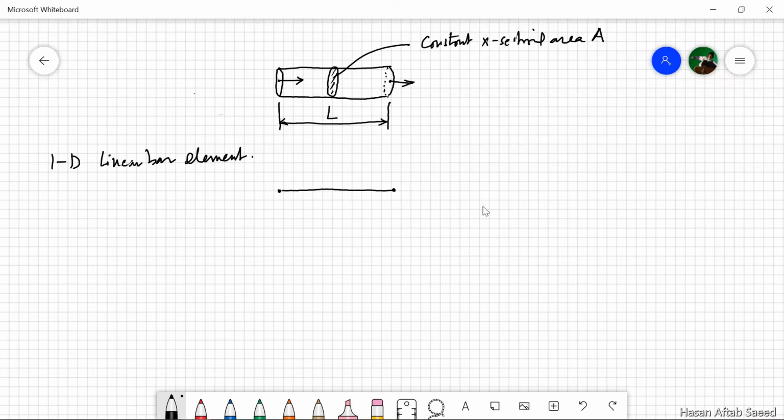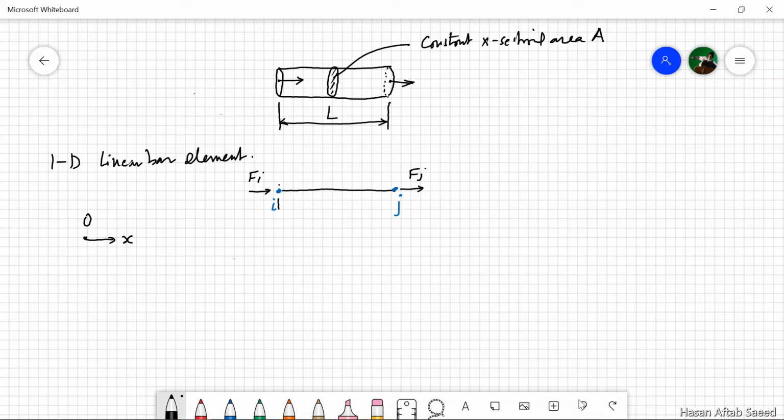Now by convention, this is the I node and this is the J node, and this is subjected to a force on the I node and a force on the J node. These are just symbolic. The direction could be to the right or to the left. Because it's a 1D system, there's only one coordinate, the x coordinate here, and let's call this point the origin, the arbitrary point.